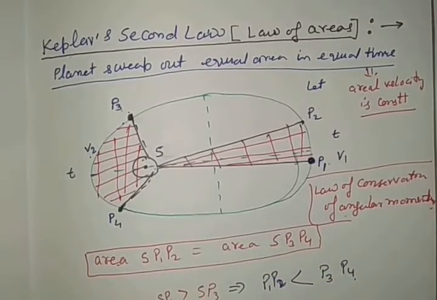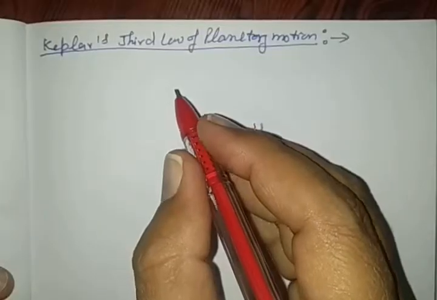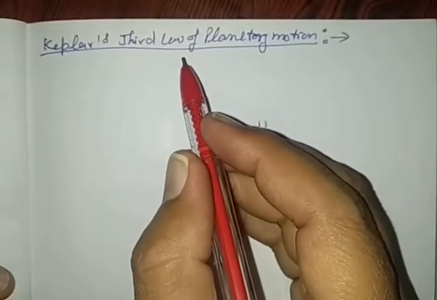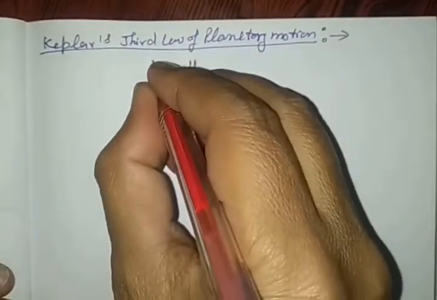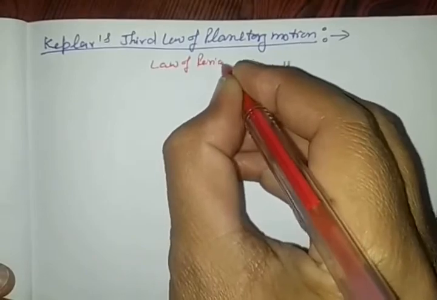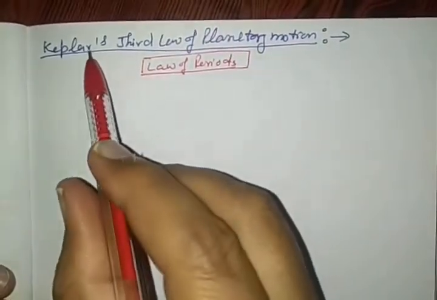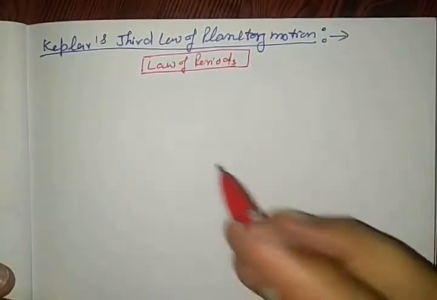Now we are going to see the third law. This third law is also known as the law of periods. What is the law of periods in Kepler's laws of planetary motion?